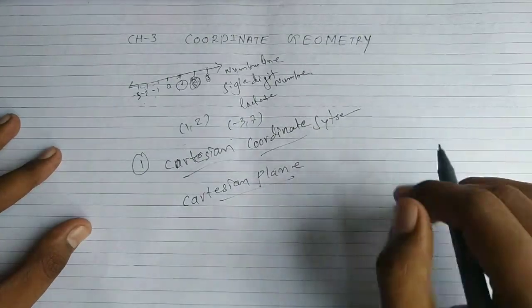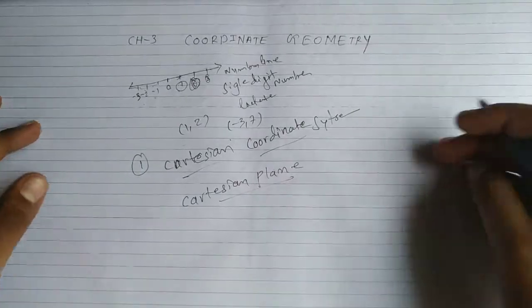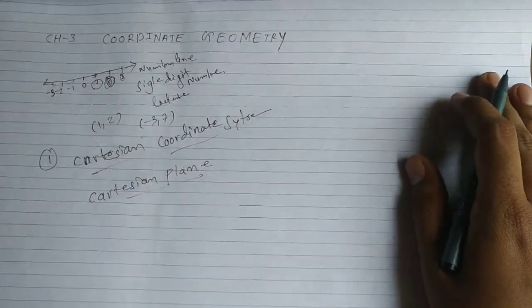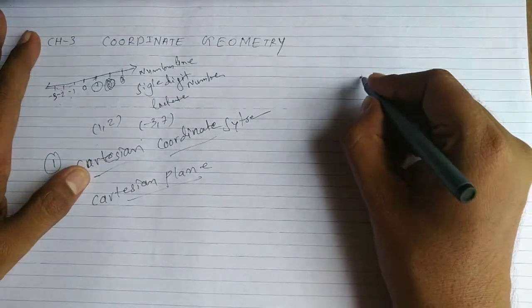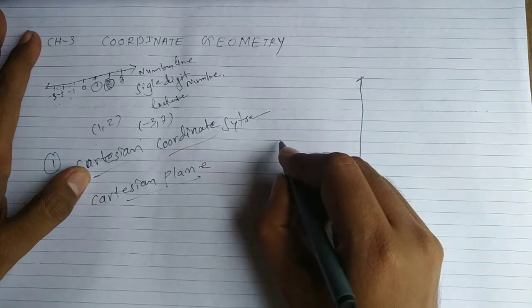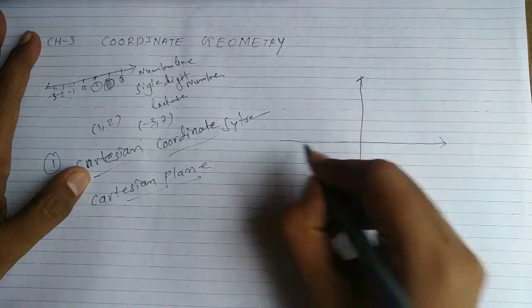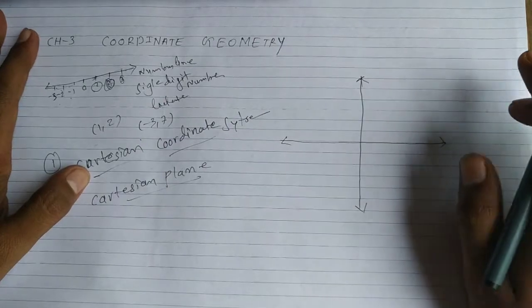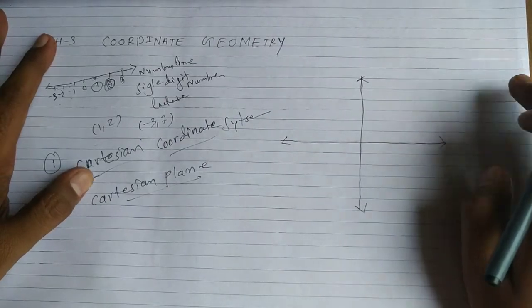The Cartesian plane is made by drawing two number lines. Draw two perpendicular lines in the plane.